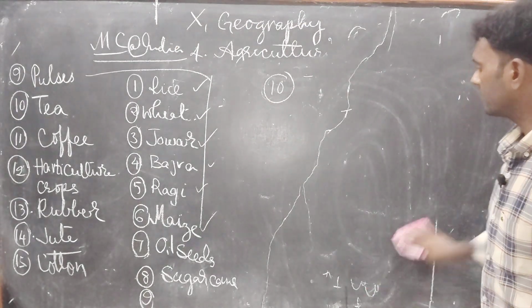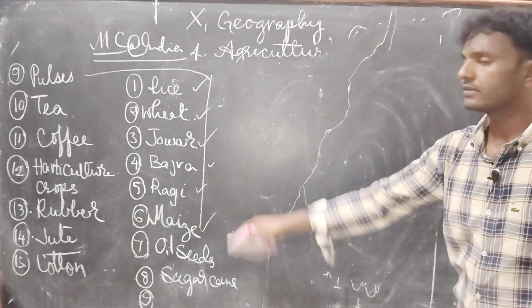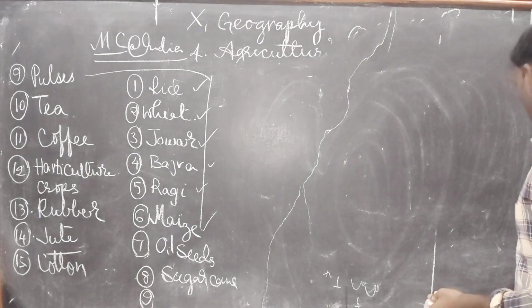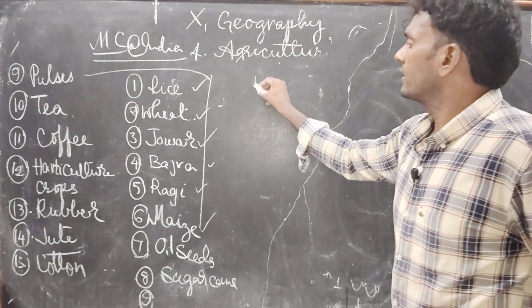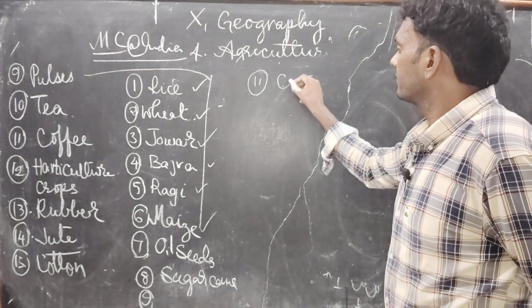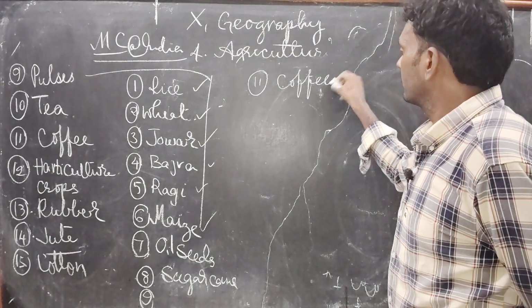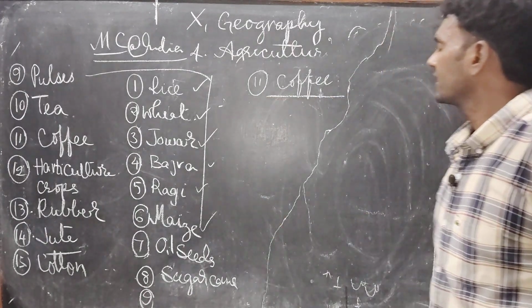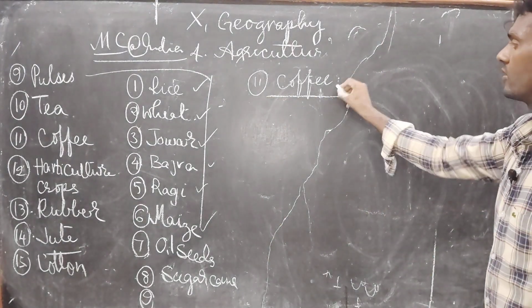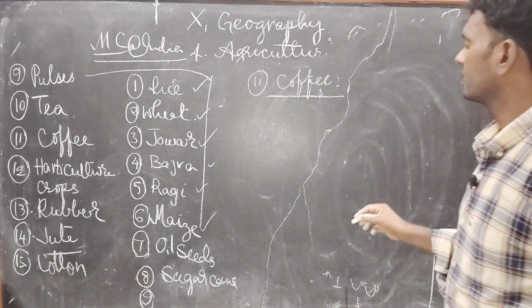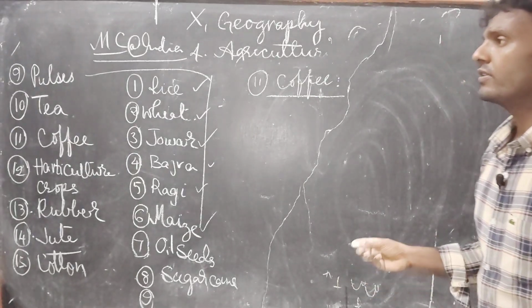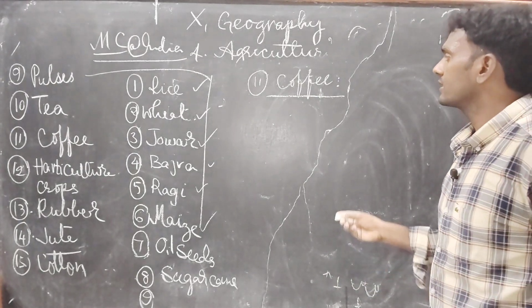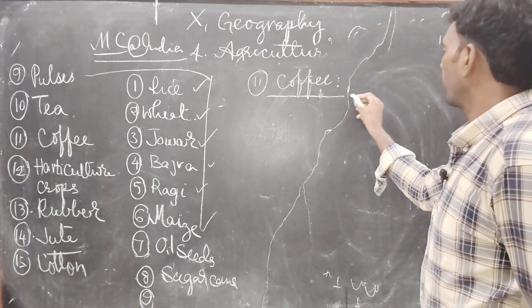Eleventh crop, that is very important. The 11th crop is coffee. India is occupying 7th place, I think.